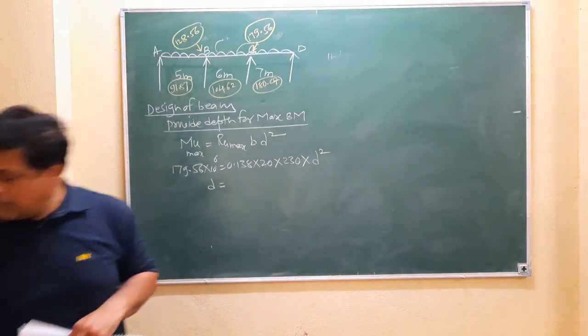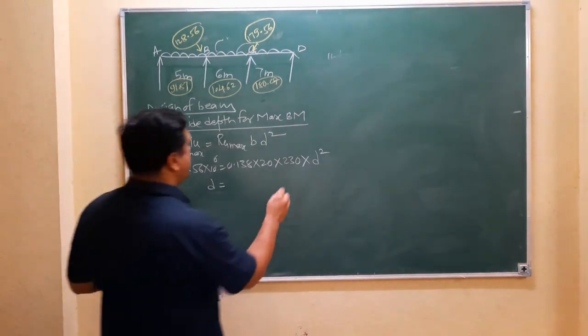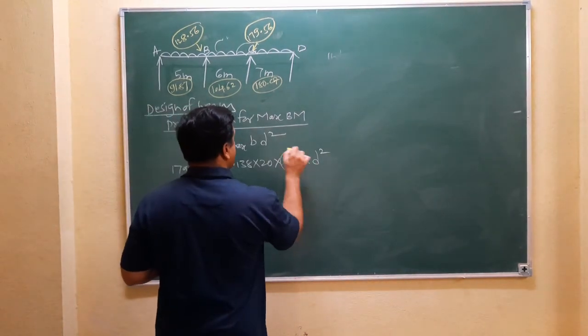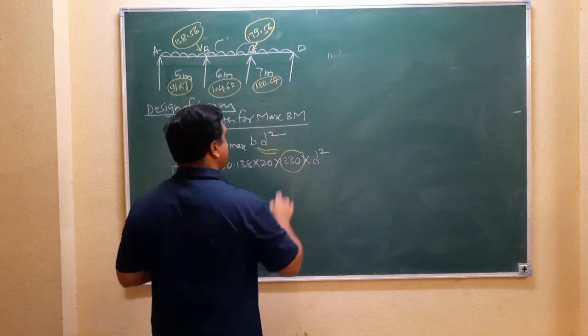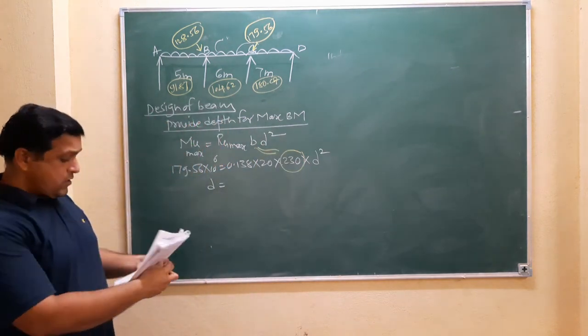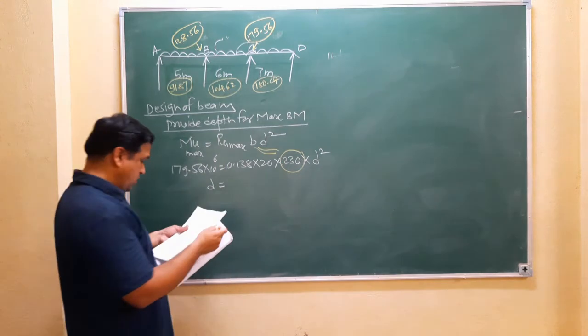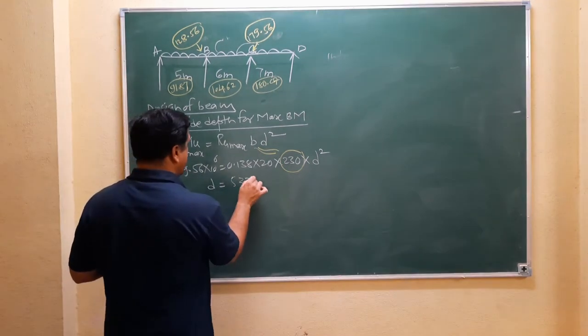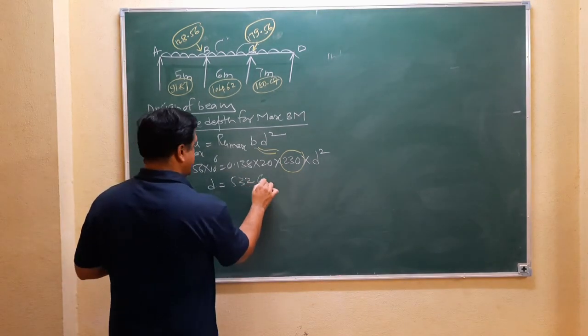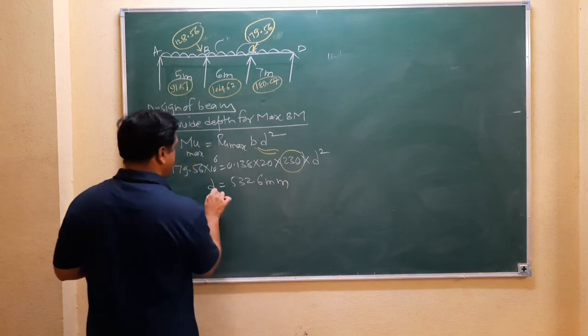Okay. So this is the assumed value, 230 mm. While calculating all these things, we get 532.6 mm as the effective depth.